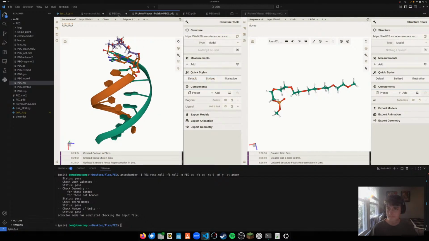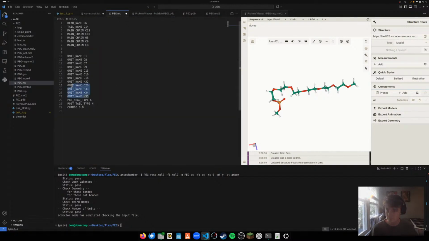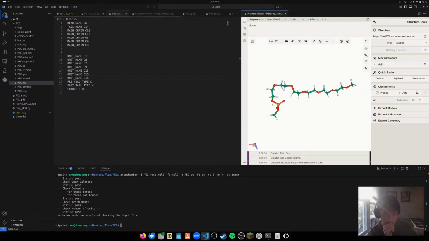Yeah. So the pre-head type will be a carbon atom, and the post-tail type I think will be another carbon atom.